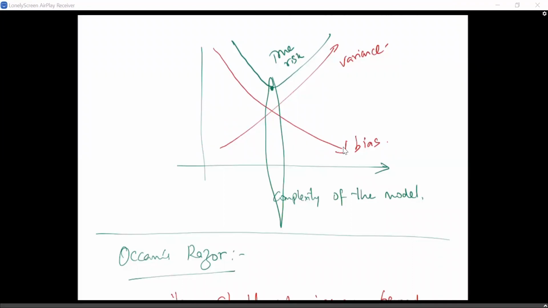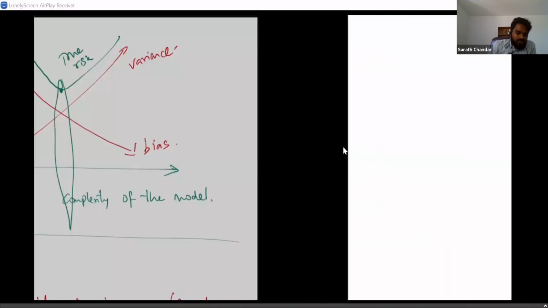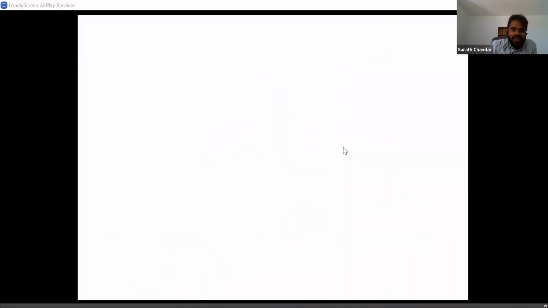Now let's look at the bias-variance in the simple regression example that we have been using as a running example in this course, the sine wave prediction.